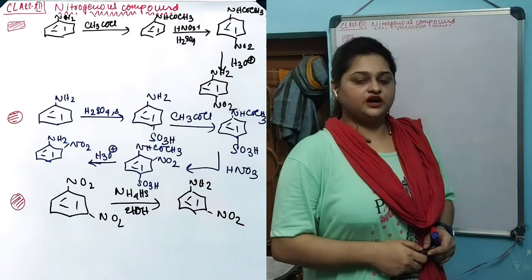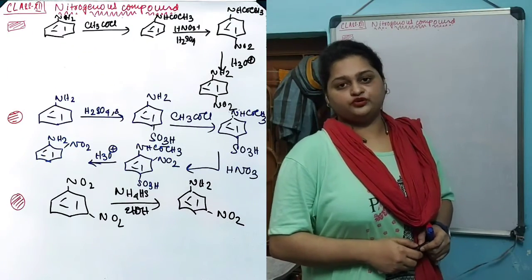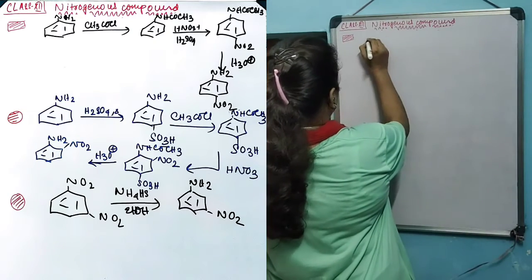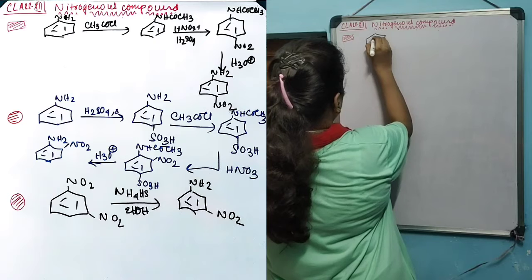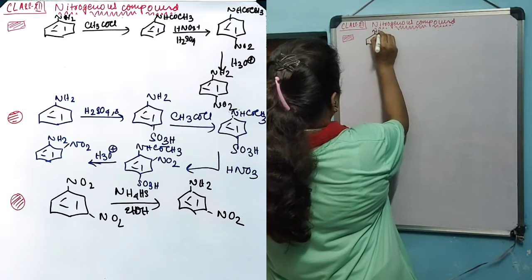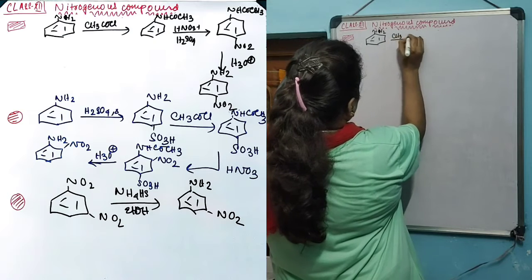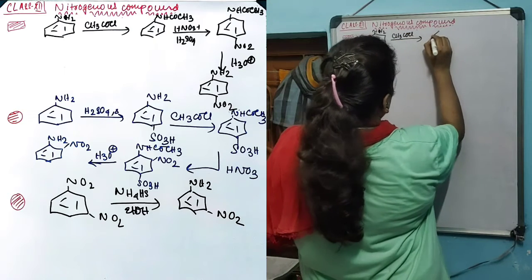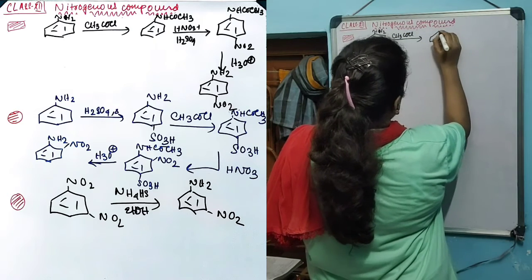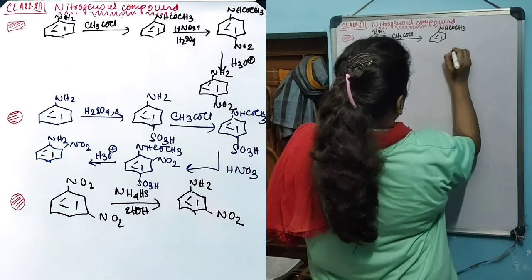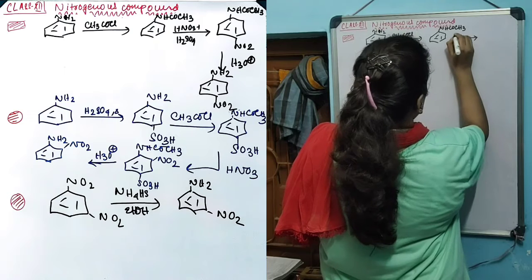Now we are going to study how the nitro group is incorporated in aniline. This is aniline. At first, acetylation will be done to reduce the reactivity. The COCH3 group is incorporated.